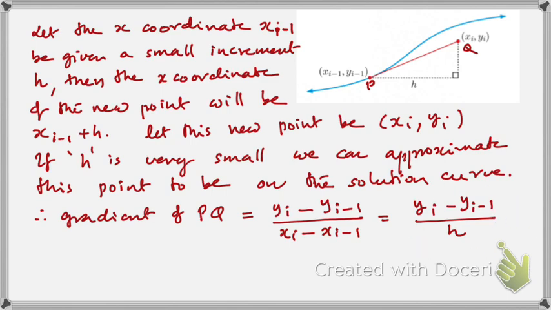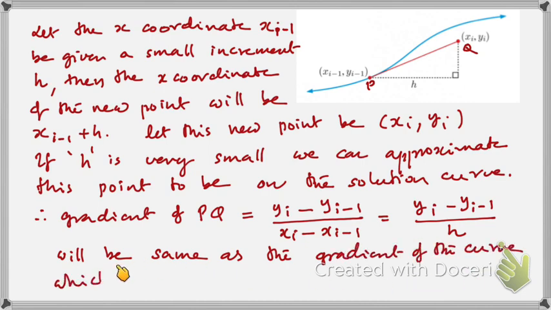So this is the gradient of PQ. But since Q is almost on the curve, shouldn't this be approximately equal to the gradient of the curve, which is dy by dx at the given point? Do you get that idea? Since the step we have taken to the right side, the h value, is very small, the point Q will be as close as possible to the given solution curve.